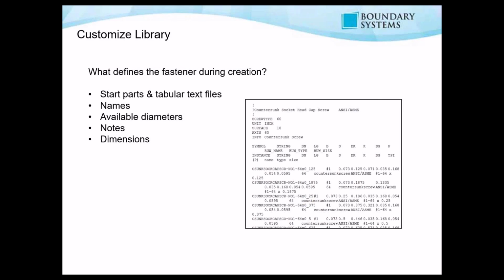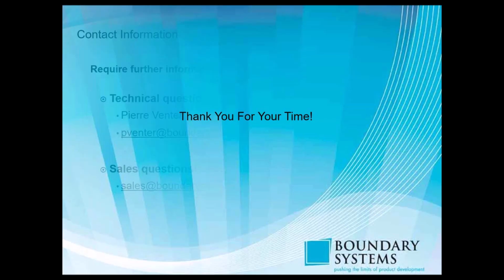So if you're going to take a certain bolt and customize it, or a wing nut or spring washer or whatever the case might be, always start with what's already there. You're going to copy existing text files, and then you're going to add your information in there. Okay, so I think that's the two slides that I want to focus on before jumping into the demo.